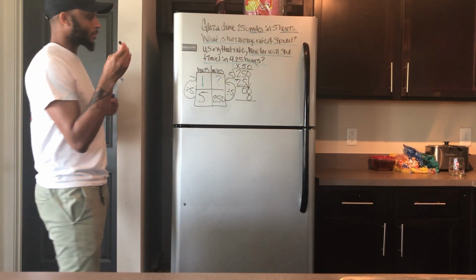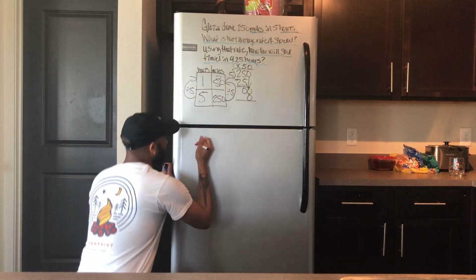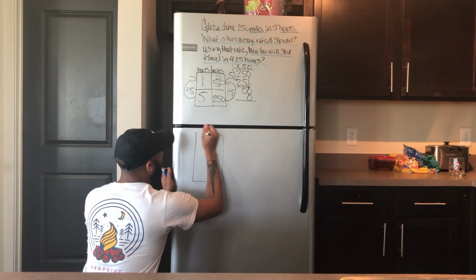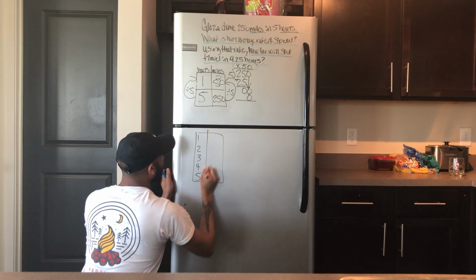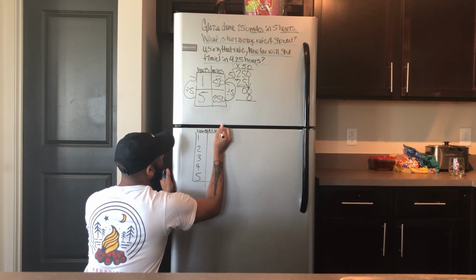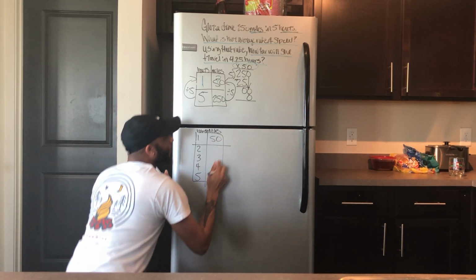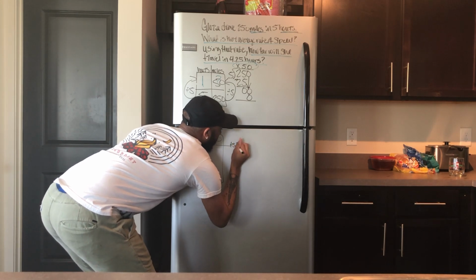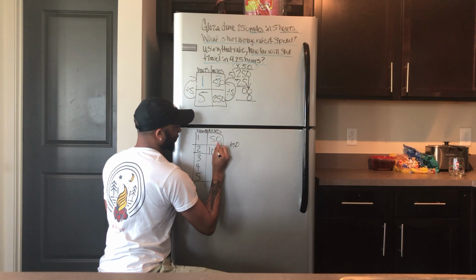Okay? 50 miles. And if this makes sense to you, if you were to draw another chart, right? We can do 1, 2, 3, 4, 5. This is our hours. This is our miles. We know that 50 is for 1 hour, right? If I add another 50, 50 plus 50 gives us what? 100, right?